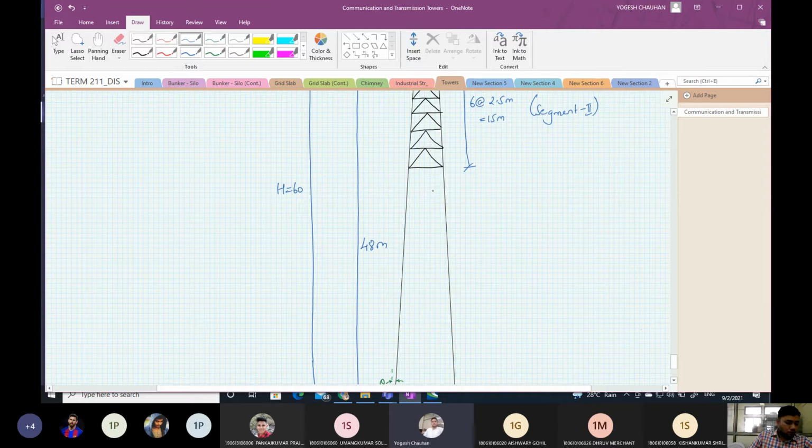Now the remaining 15 meter will be at 3 meter interval.